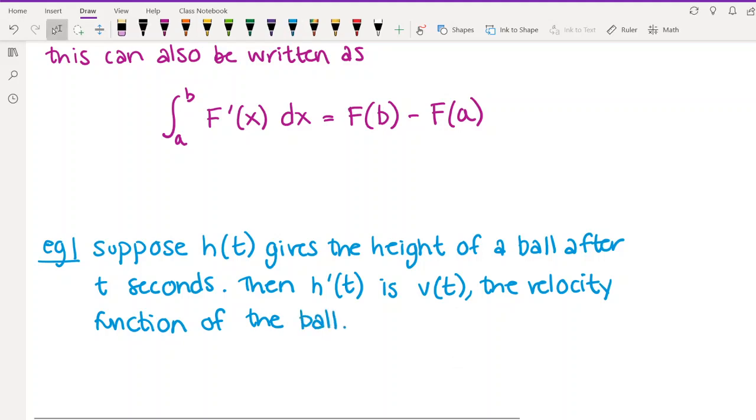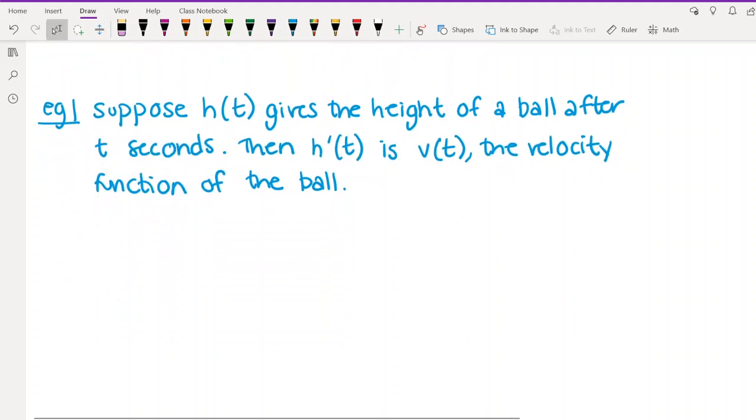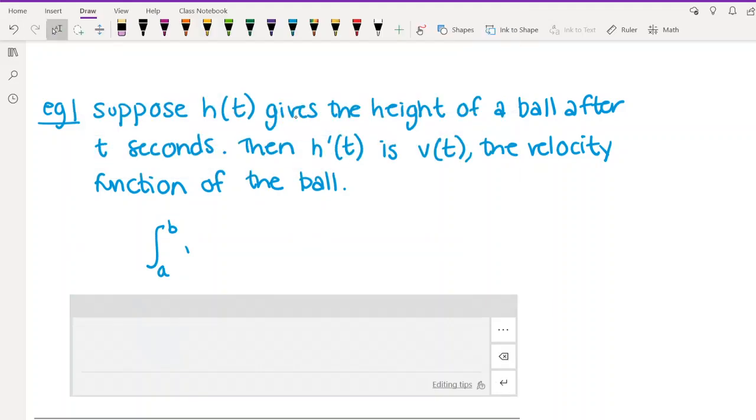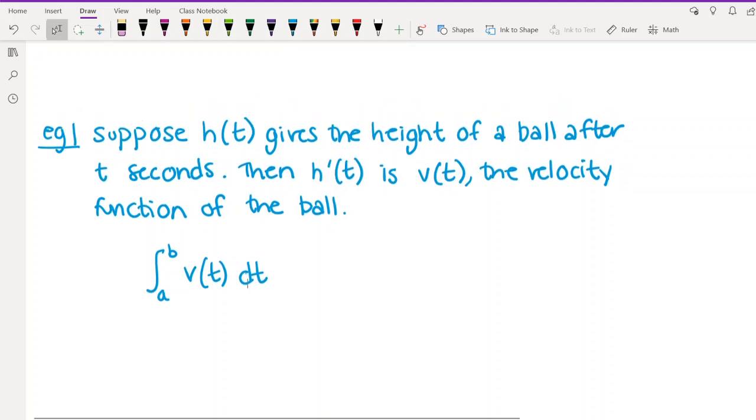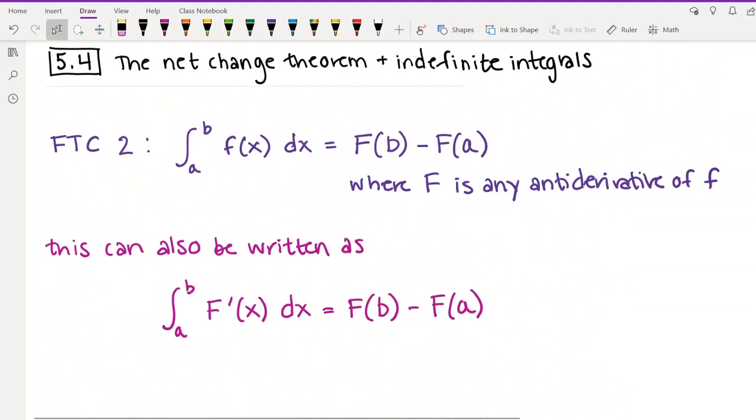So what would it mean to integrate the velocity function? So if we were to take the integral of a velocity function from a to b, well, based on what we wrote above, if we have a derivative on the inside, then the original function will end up being what we're evaluating on the outside, right?